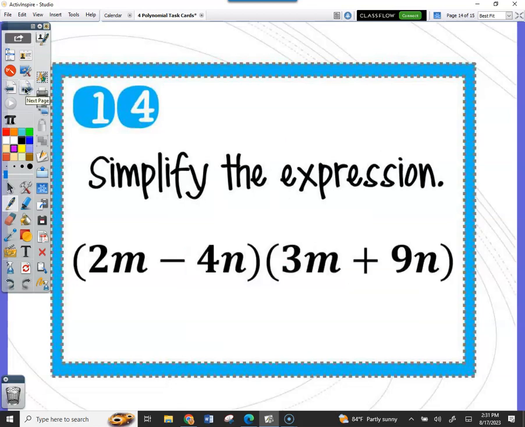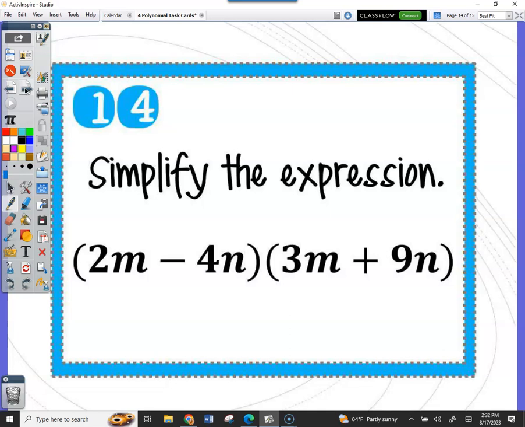All right, come right here. Simplify the expression. I'm going to help you with this one because this is the only one that has two variables in it, which throws some people off. It is m and n. Unfortunately, I wish it was like x and y, but it's m and n. So we still do it the same way, though. We have a what times a what?